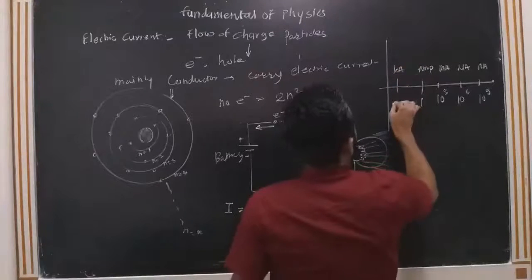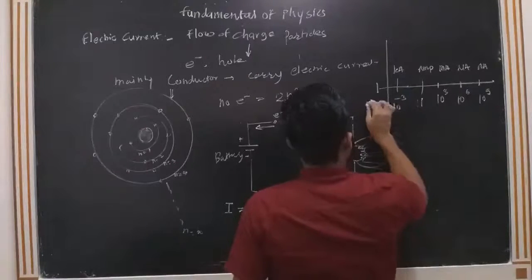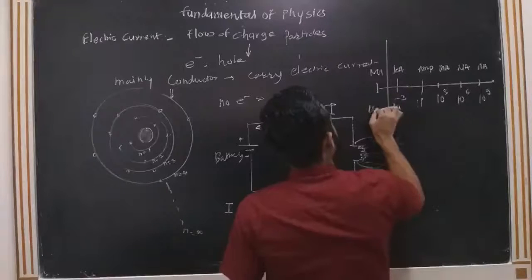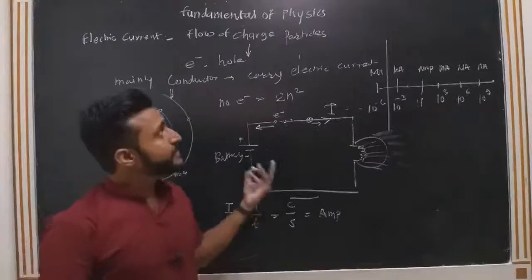Kiloampere 10 raised to 3, megaampere 10 raised to 6, and so on. I hope it is clear.